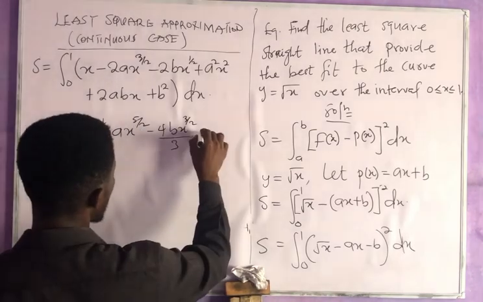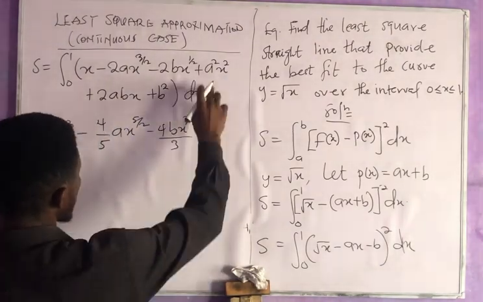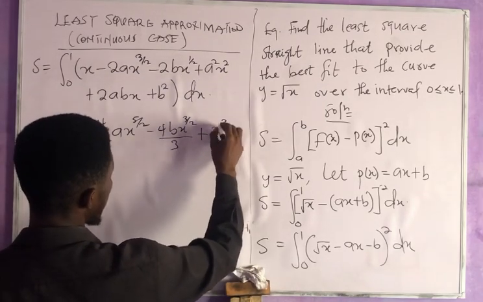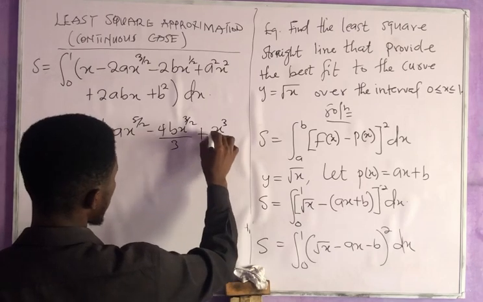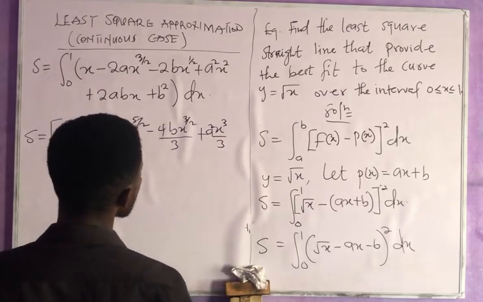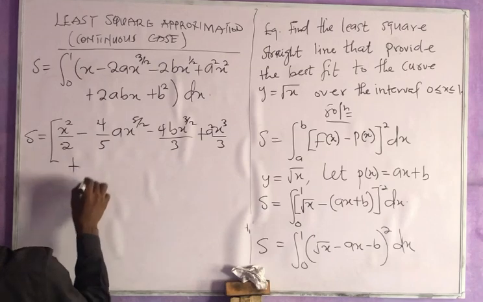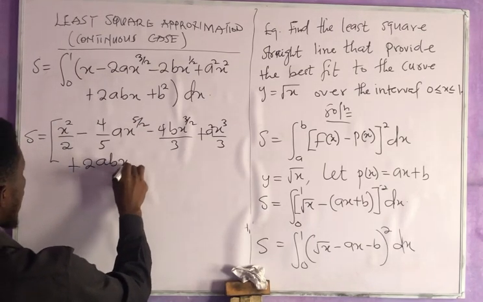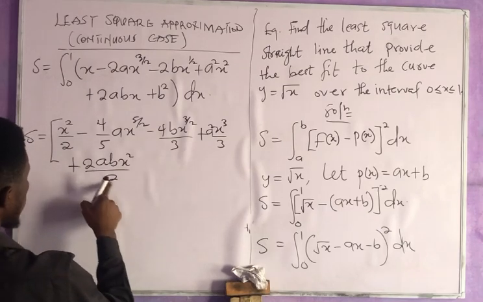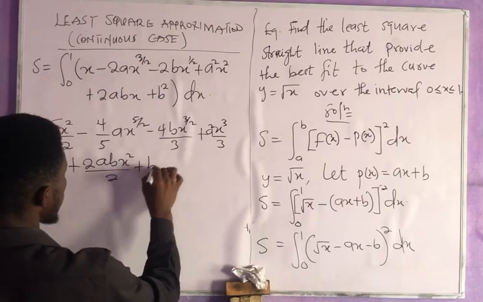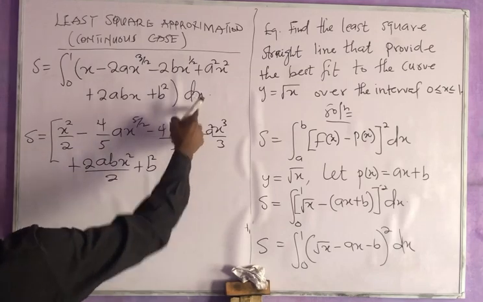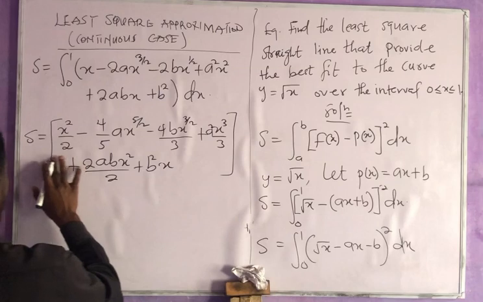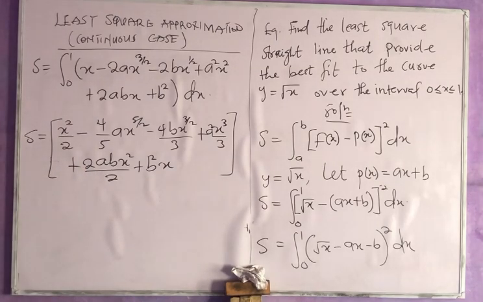Then plus, this is just x squared, so if I integrate x squared, I'll have x to the power 3 over 3, but a squared is already there, plus 2ab x squared over 2. But this 2 will cancel this 2. Then b squared is a constant, and if you integrate a constant, just attach the operator to it. So this is what we have.